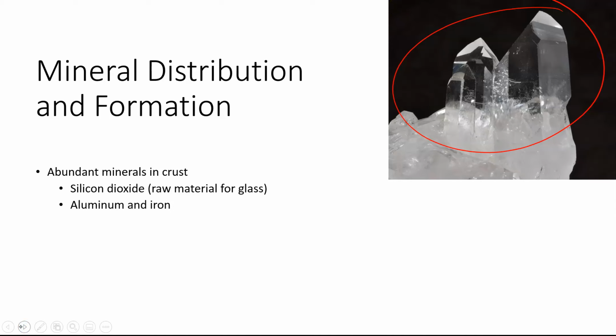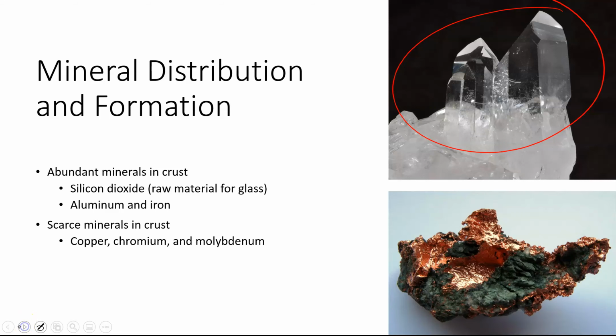All right. Aluminum and iron, both metallic resources, but relatively abundant compared to other metallic resources. Now, not quite so abundant are things like copper and chromium and molybdenum. Those are important, and there's a fair amount out there, but they're not nearly as abundant as aluminum and iron. By the way, aluminum is the third most abundant element in the Earth's crust.